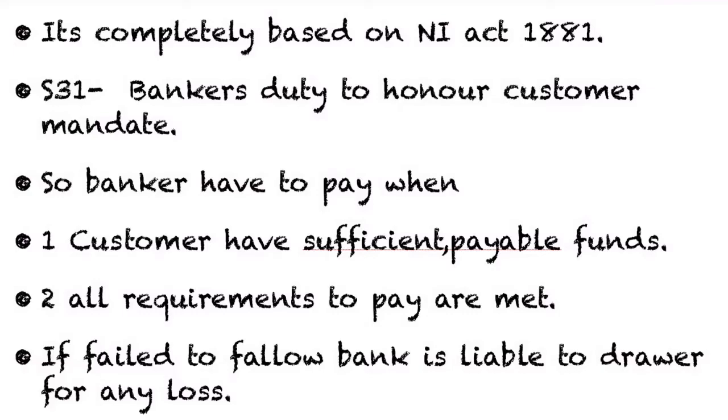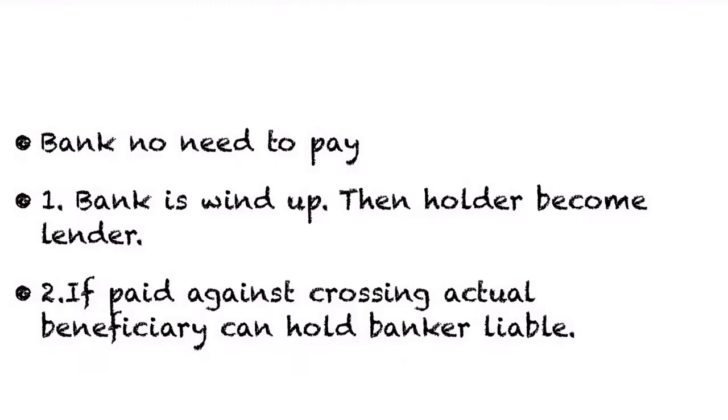If the paying banker doesn't pay according to Section 31, then he will be liable for any loss because of this. That means the payee may approach a court, and the banker may have to pay penalties, late fees, like that. For everything, the paying bank is responsible.